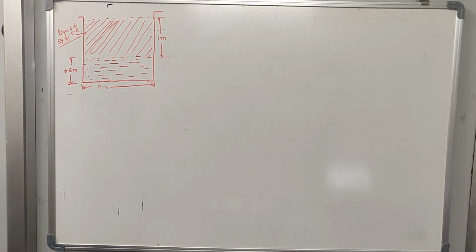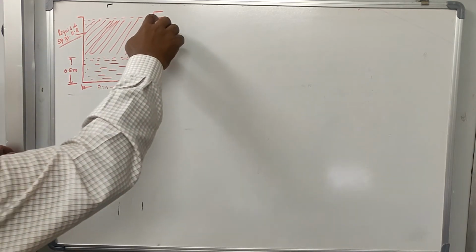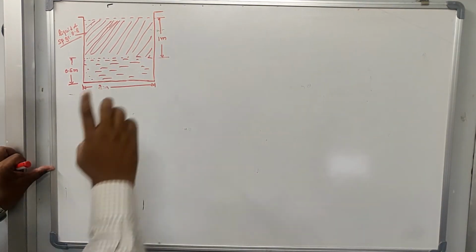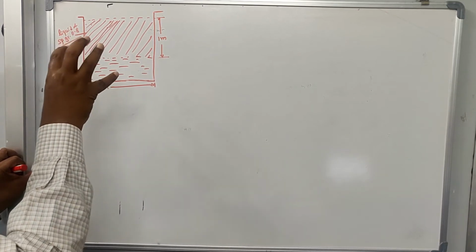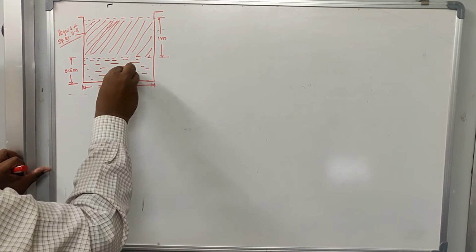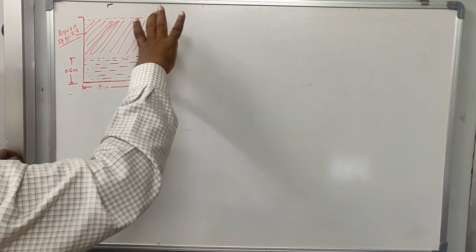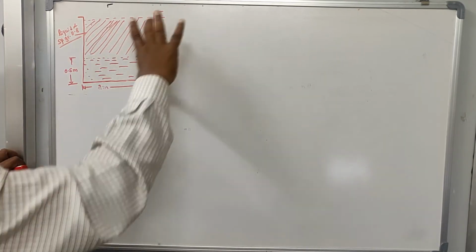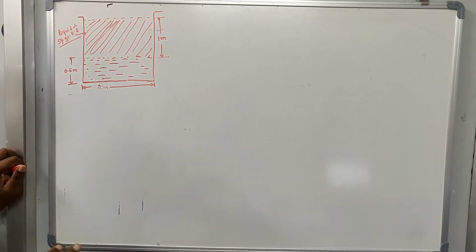Now the question is, you have to find the total pressure exerted on this vertical surface. Okay, the total force exerted by these two fluids on any one surface, either this surface or this surface.